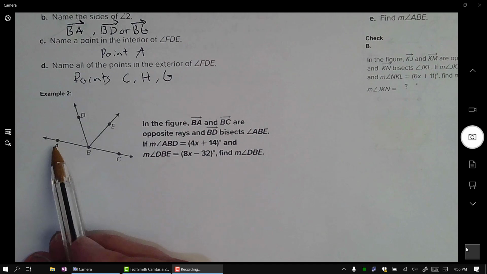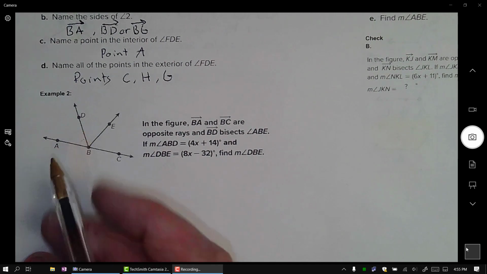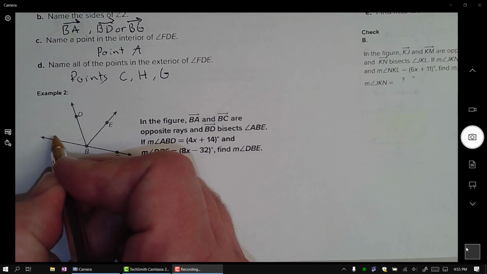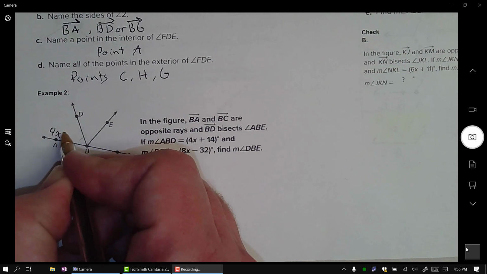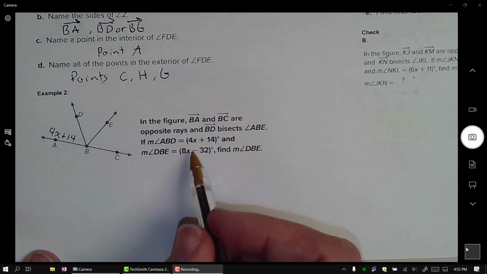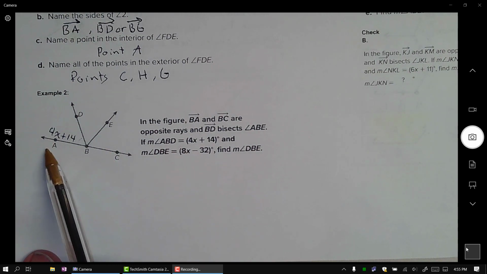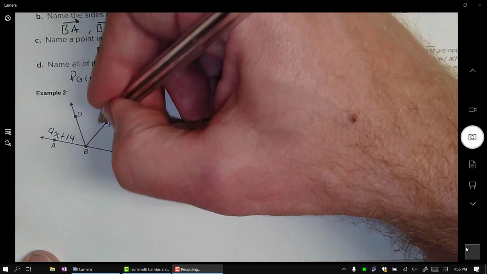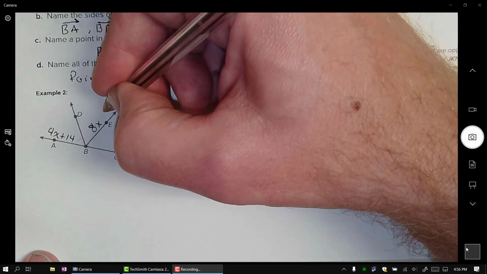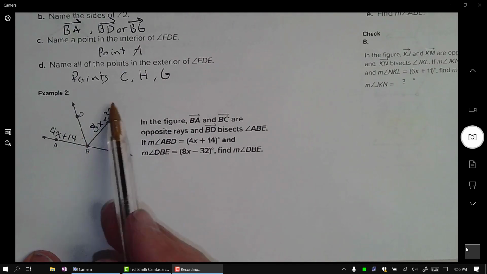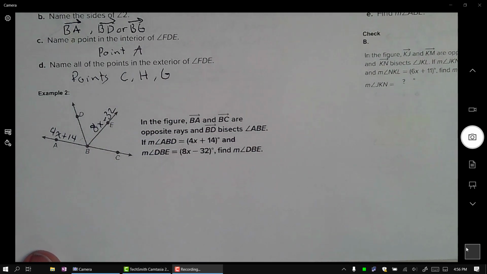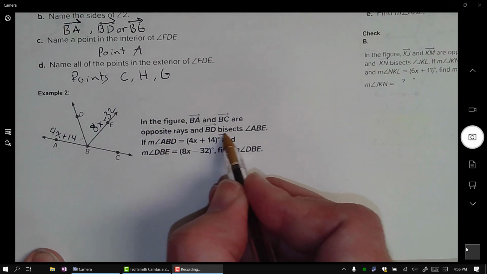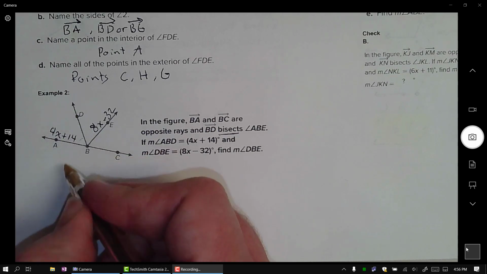If the measure of angle ABD, so that's this angle right here, is 4x plus 14, and angle DBE is 8x minus 32, we want to find DBE. So we want to find what that measure is.